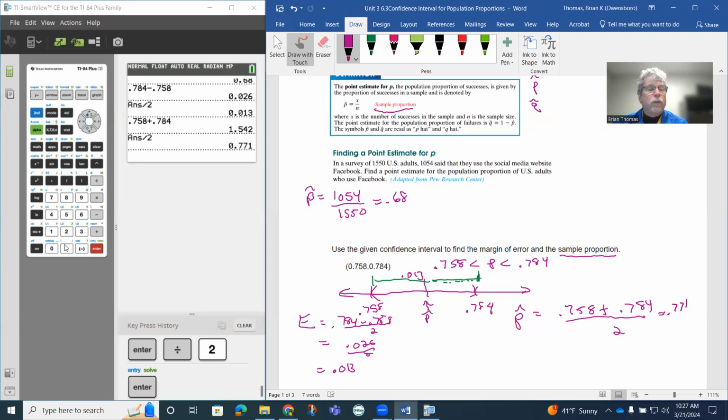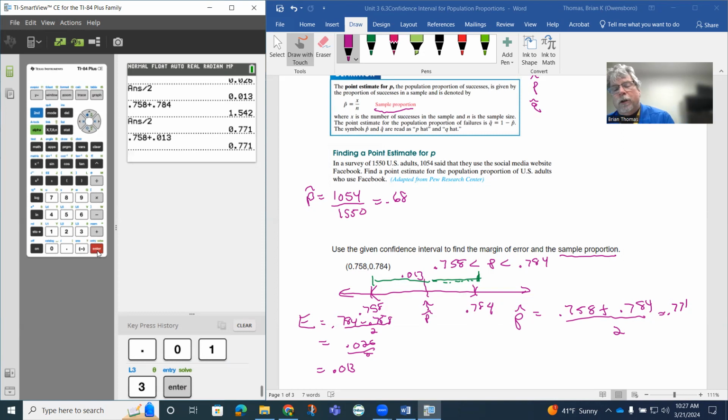So if you went from that endpoint and added the 0.013, that should also get you to the middle, 0.771. So there could be a couple different ways to approach finding that sample proportion, the middle there. So I'll pause the video here and we'll look into the next section.